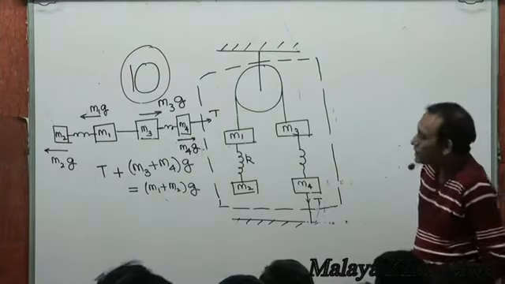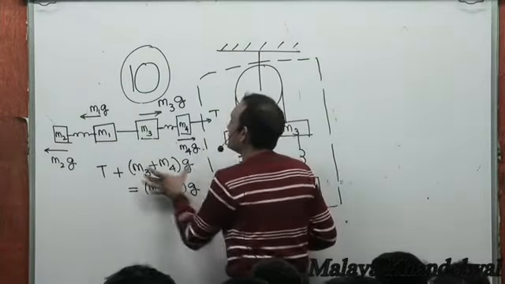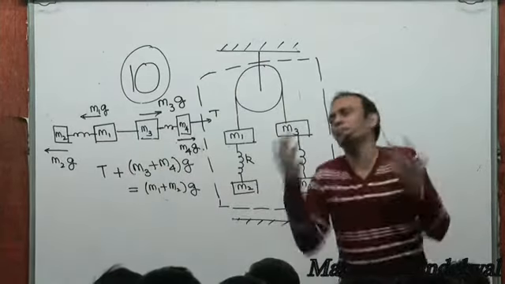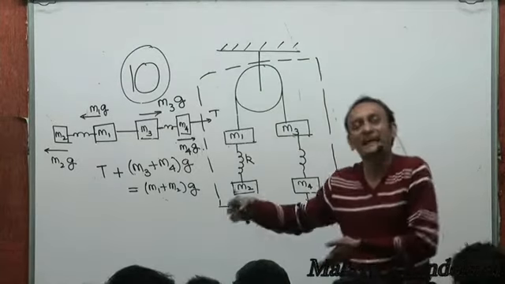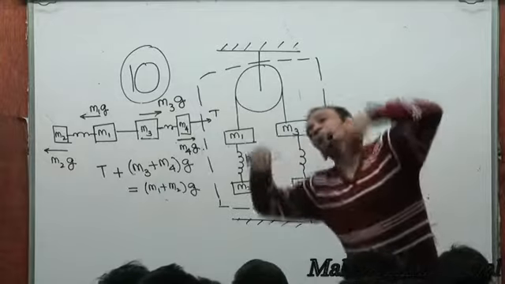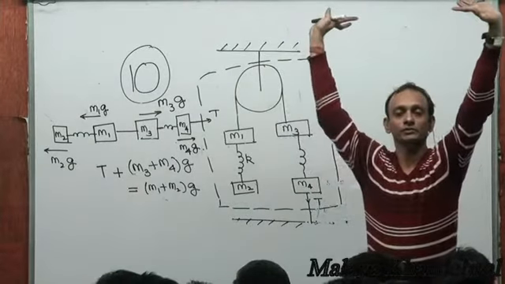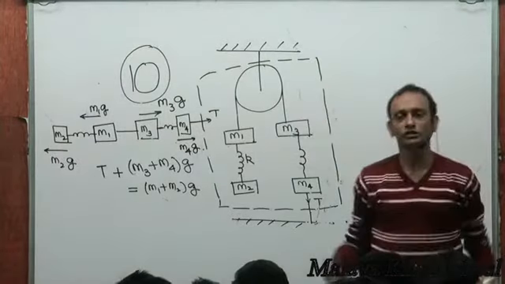Now, upwards. It's possible that M1 plus M2G is greater than this, or this could be less than this. Based on that, A could be upwards or downwards. Since we do not know whether M1 plus M2 into G is greater than M3 plus M4 into G, I get the algebraic upward acceleration of M4. The sign of that expression will tell me whether it's indeed upwards or downwards.